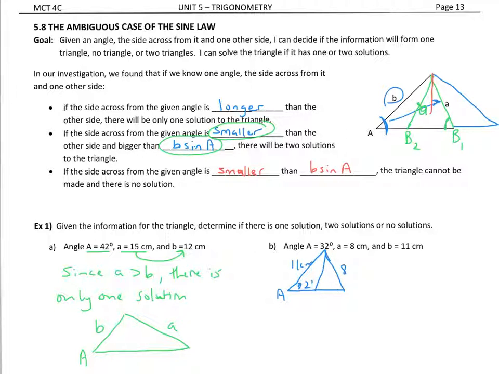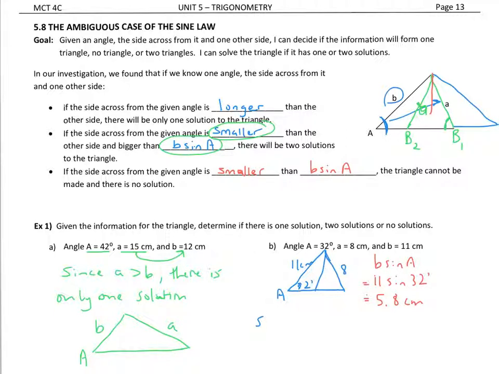So let's check B sine A: 11 times the sine of 32 degrees. We want that to be smaller than the 8. I get approximately 5.8 centimeters, so side A is definitely bigger than this. So there will be two solutions.